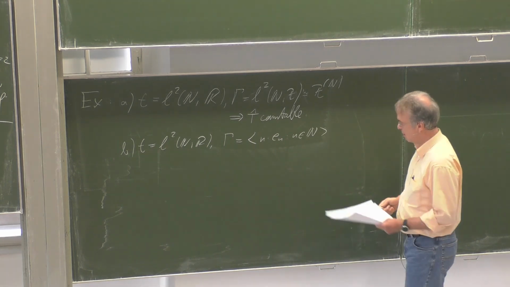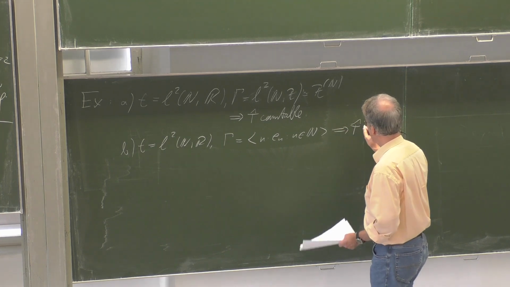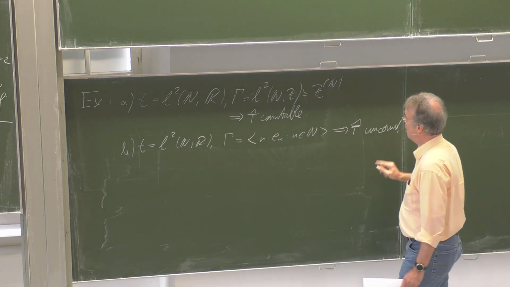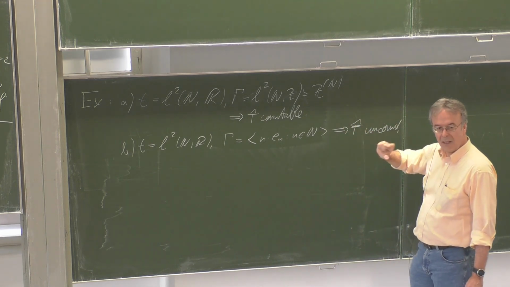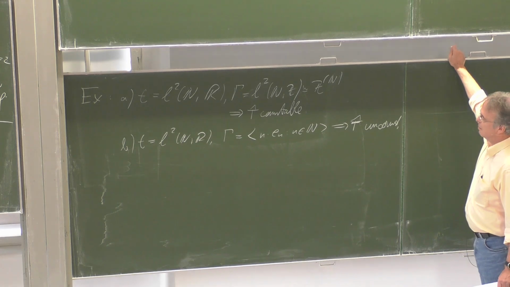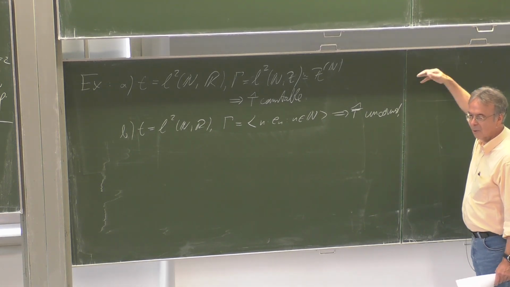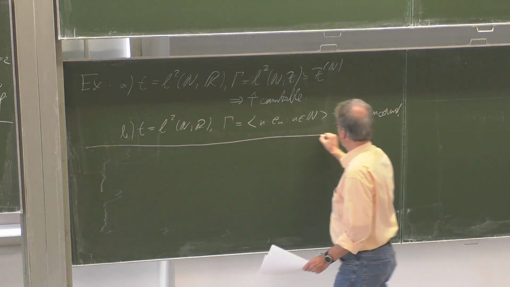So you get a larger character group. And in this case, T hat is uncountable. And this is because now you're allowed to have infinitely many entries. And then you have sort of binary sequences in there, so you get an uncountable set. And once you have Cantor sets, they support non-discrete measures.